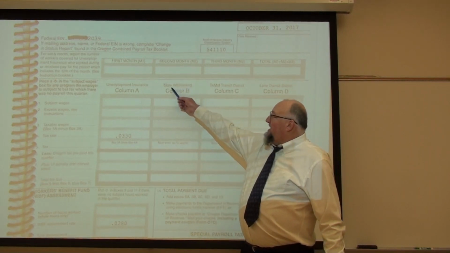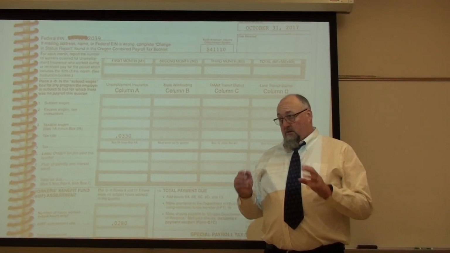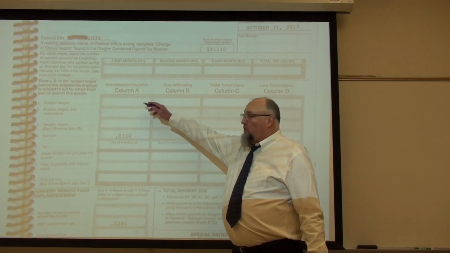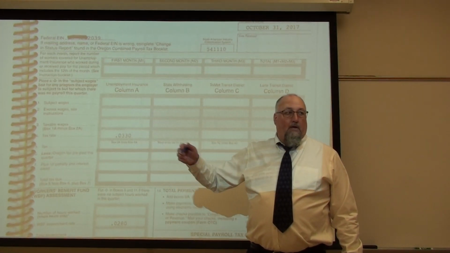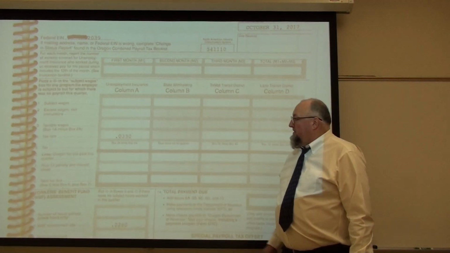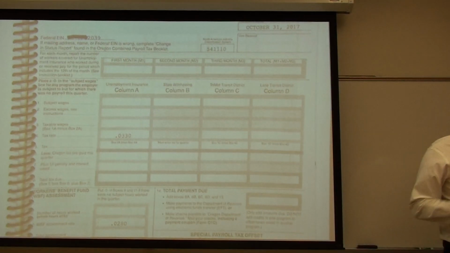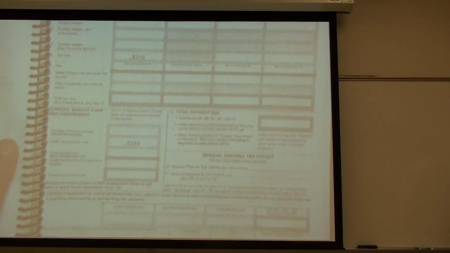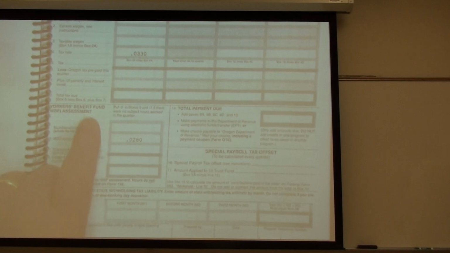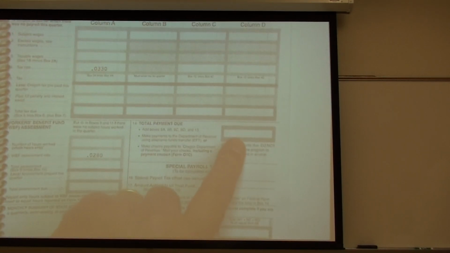Here's the amount of state withholding, which is how much money I withheld from my employees' wages. The unemployment insurance is paid by the employer based on the total payroll. So I have to report all that, pay the unemployment tax, and here's the workers' comp benefit fund, which is an additional tax. So that's the total amount that I have to pay.